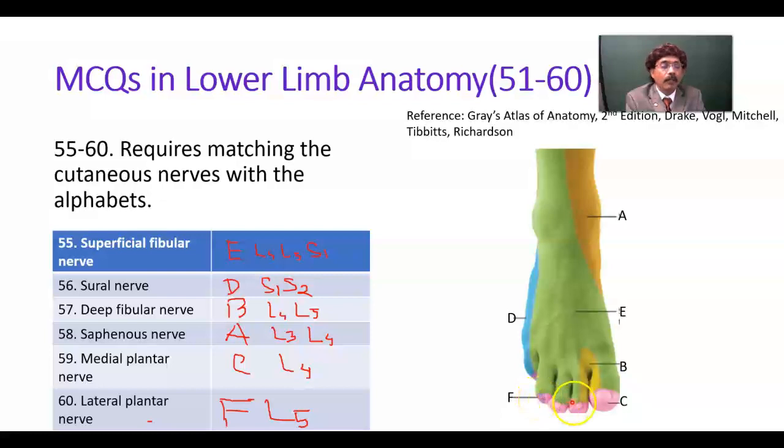This is L5, this is L4, and this is the sural nerve, root value S1, S2. And that's all about the multiple choice questions from 55 to 60.